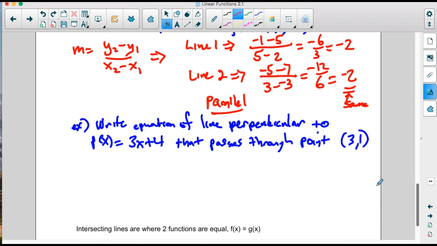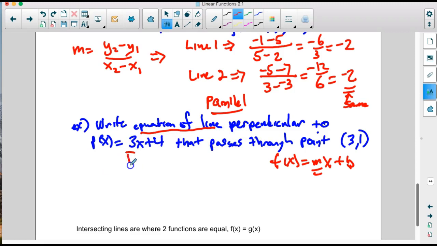Okay, so what we want to do there is we're still going to write, so we're writing an equation of a line. So an equation of a line is we're going to write f of x equals mx plus b. So that's our equation. So what we're going to do is we're going to find the slope first, because it's perpendicular.